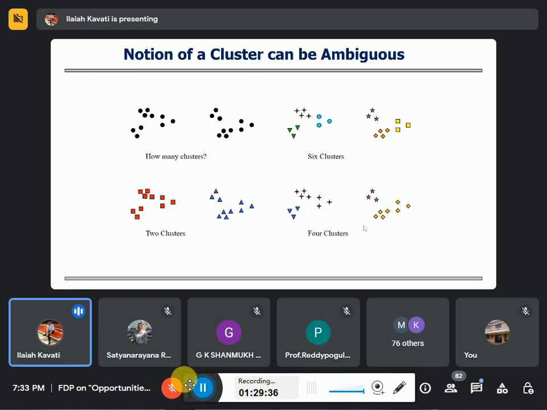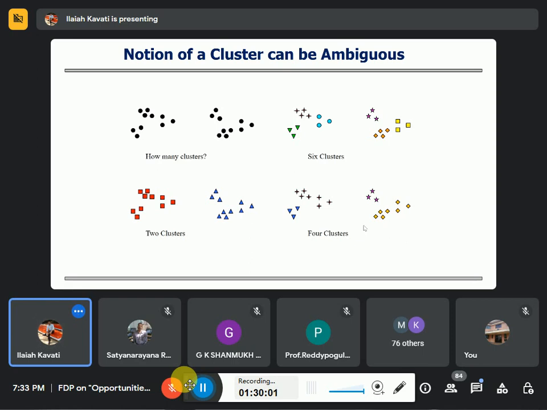So we have dynamic clustering algorithms. I think the leader algorithm is one algorithm I used in my research. In the leader algorithm, as the number of data points increases, it automatically generates new clusters as per the requirement.